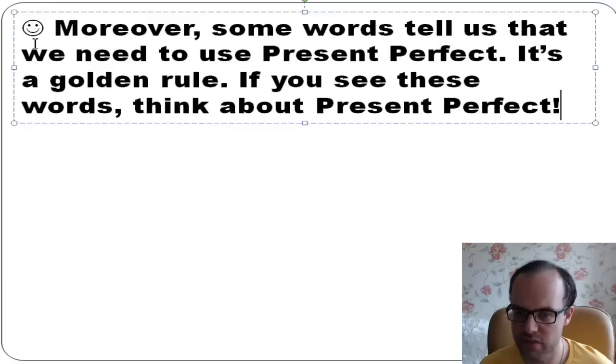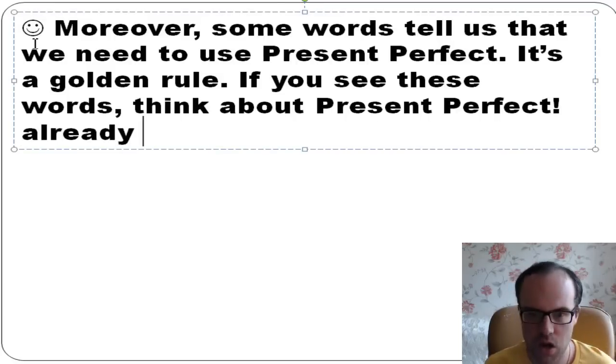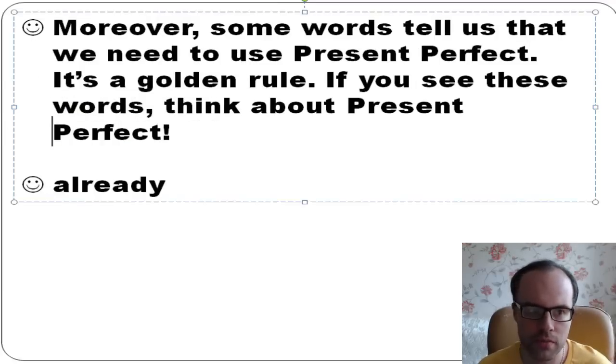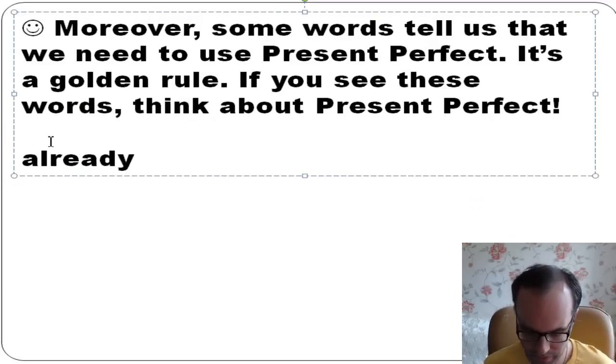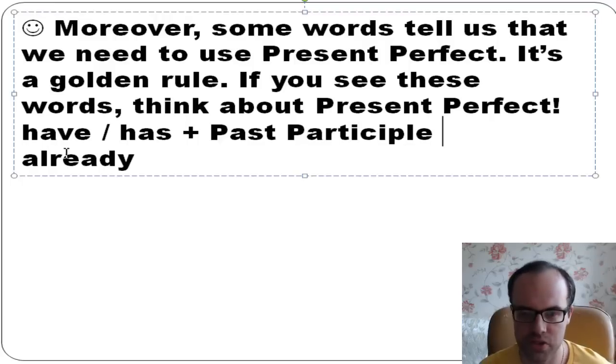If there is a connection with the present. And you know that we form present perfect this way: have or has plus past participle. Have or has plus past participle, yeah?